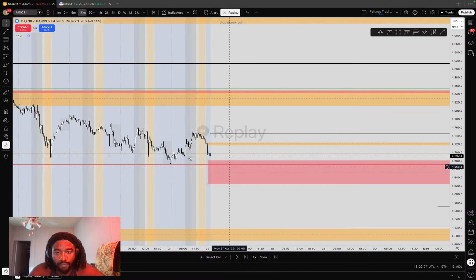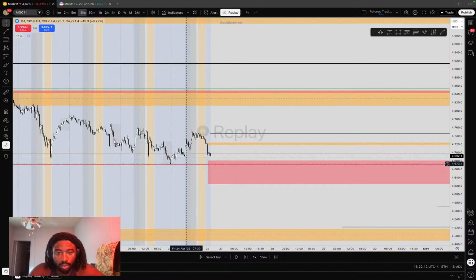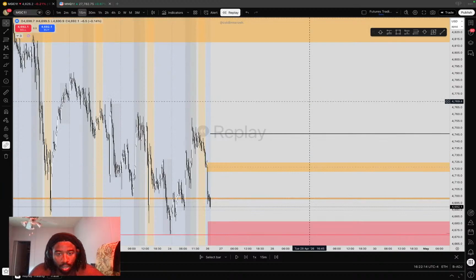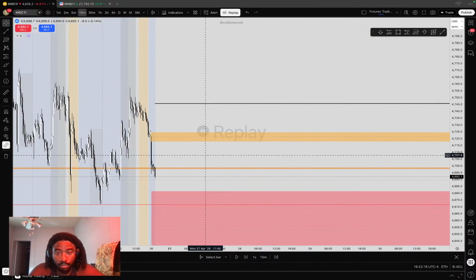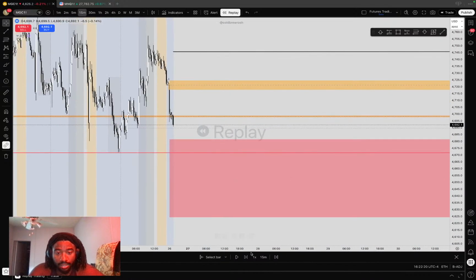Okay, so obviously we have that previous day low, previous week low there. When I'm looking at the market at 6 p.m. or that night on Sunday, last Sunday, I was literally just waiting to see if we get some sort of fair value gap at this area, which was that previous week low at that point.